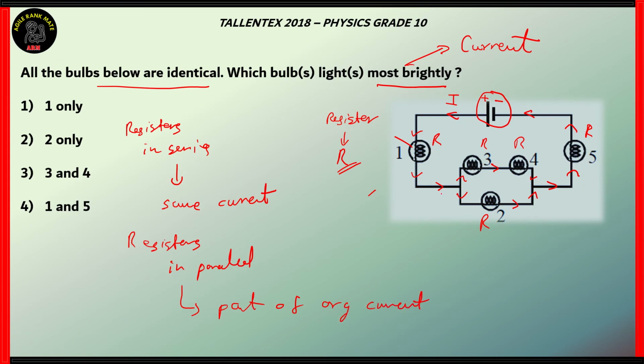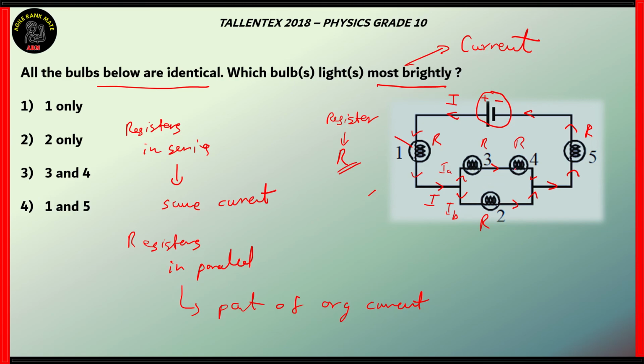So when you look at the current flow, over here the current, let's say, is I original. However, once it splits into the parallel circuit, it's divided into 2 parts. Let's consider them as IA and IB. IB goes through bulb number 2 and IA goes through bulbs 3 and 4.